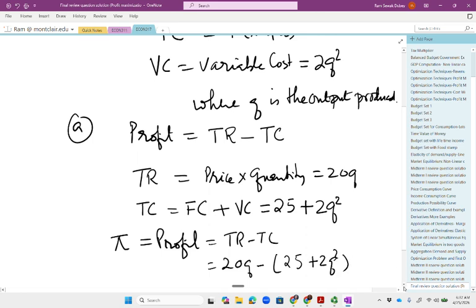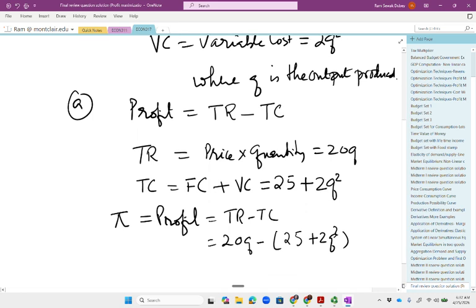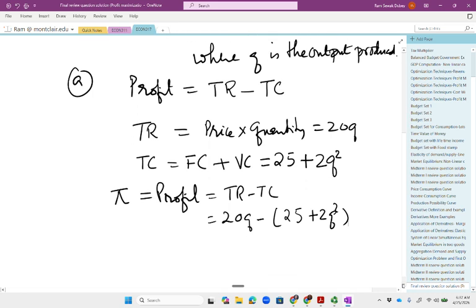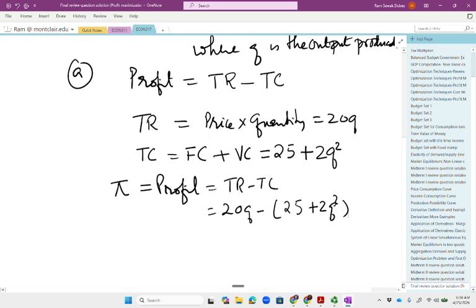Since we have two terms in the total cost, it is beneficial to put them in parentheses because we are going to subtract it from the total revenue. Now I will simplify the expression. I have a negative sign in front of the parenthesis, so each term within the parenthesis will have its sign reversed.